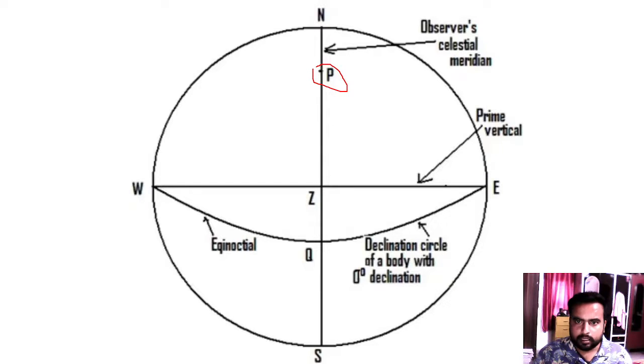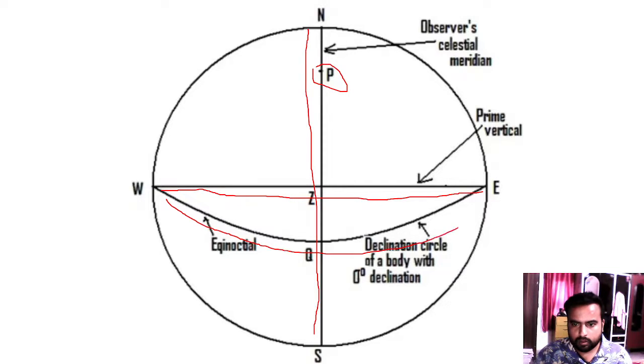and this meridian is the observer's meridian. This is the prime vertical, the line where the observer lies. This is the zenith of the observer. This is the equator. So Q is the equator, Z is the observer, so this will become your latitude.